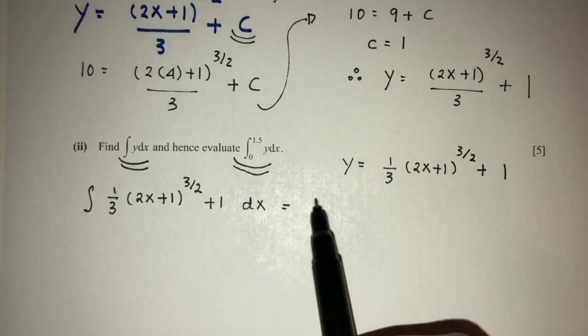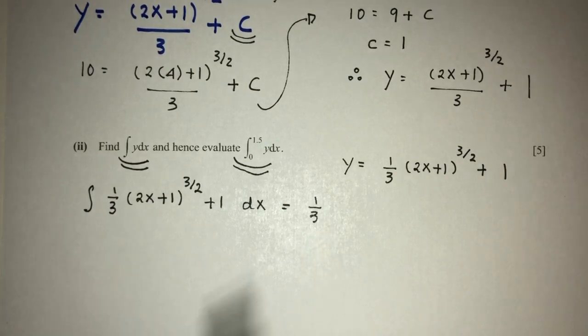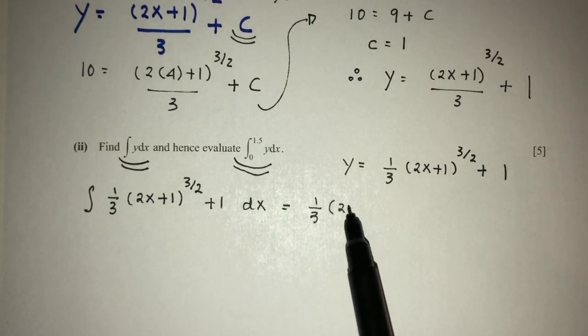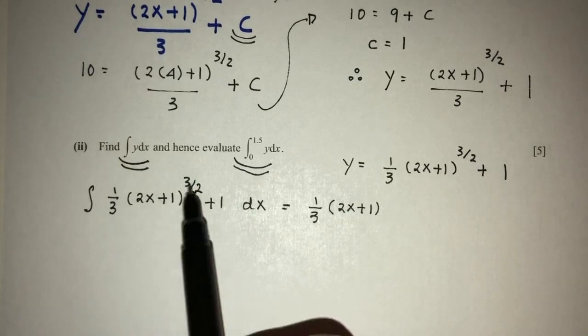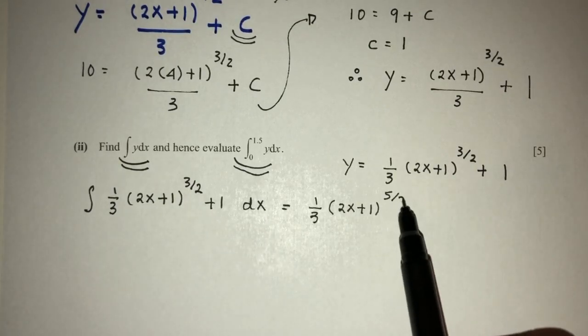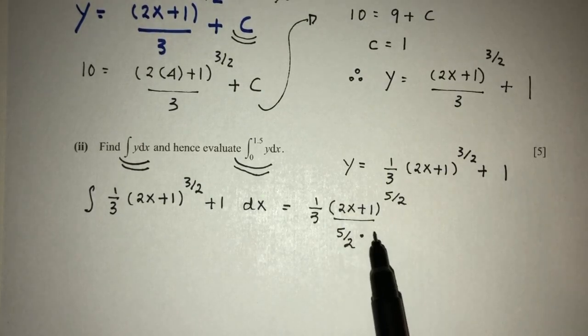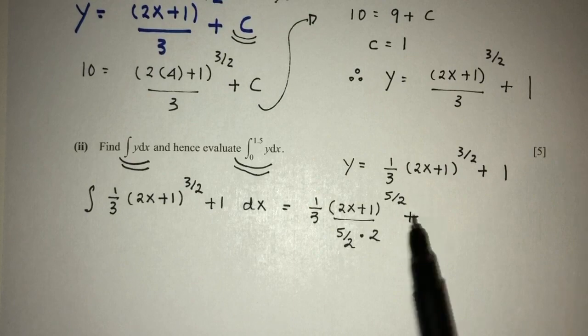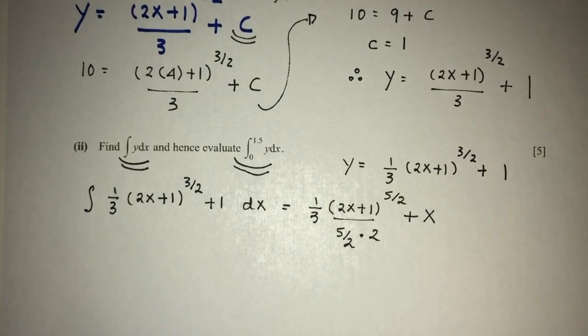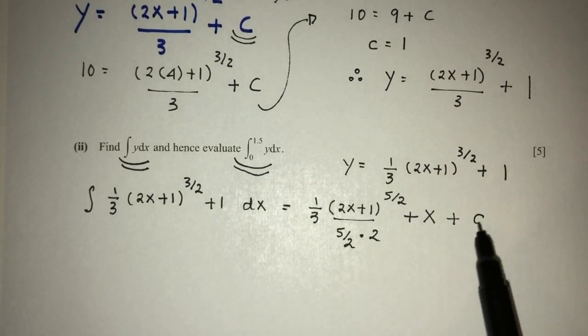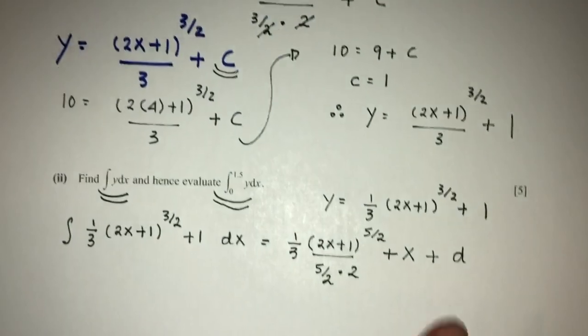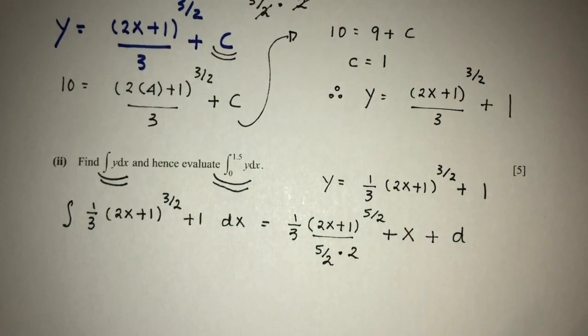So one by one, let's do that. 1 over 3, we can just take this out, we don't care. And then we first increase the power by 1. So 3 over 2 plus 1 is 5 over 2. Then divide by the power. Then divide by d by dx of the value inside, that will be 2. Then plus 1 will give x, and plus c, or rather plus d, because we have used c already, plus d for the constant of integration.